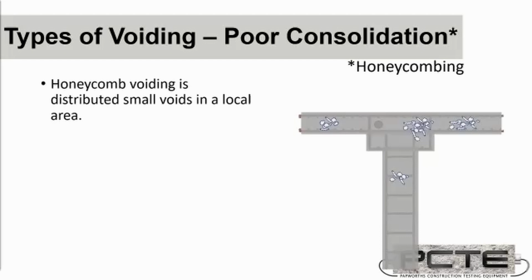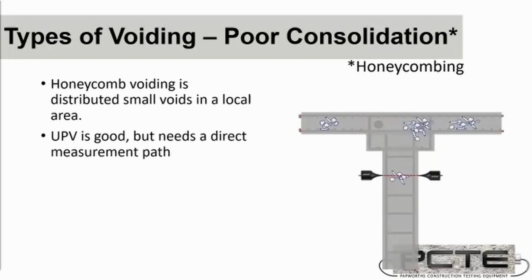And so our echo techniques tend to not always get a clear reflection from honeycomb voiding. Ultrasonic pulse velocity can be a very good technique. We get a very apparent slowing of pulse velocity signals through regions of distributed voiding, maybe 10% or so reduction in speed. Impact echo is particularly sensitive.